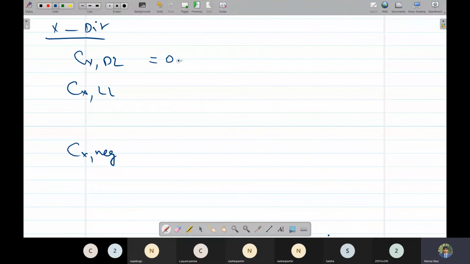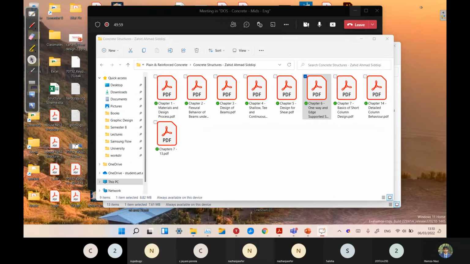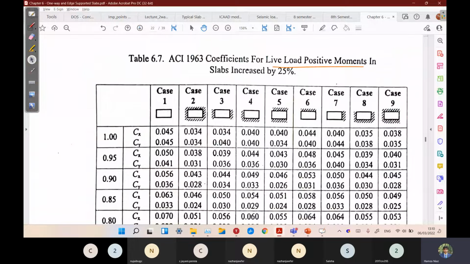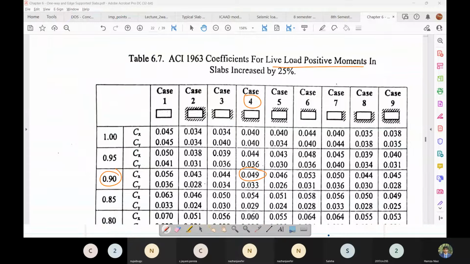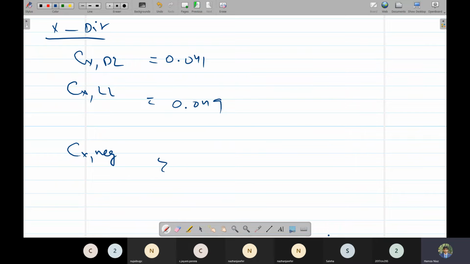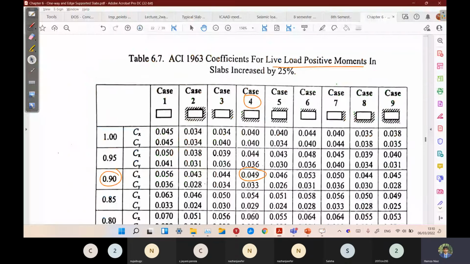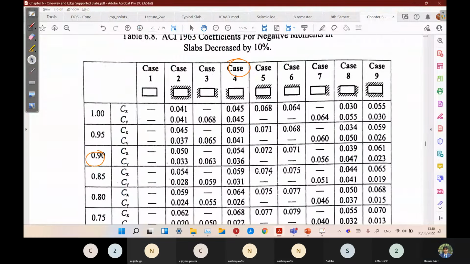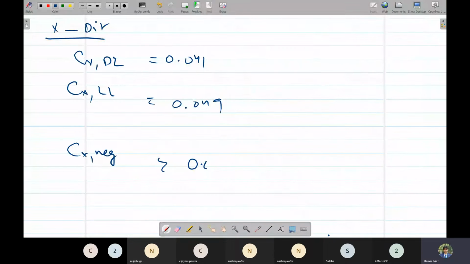Similarly, Cx live load would be in the second table, the live load coefficients, and for 0.9 and case 4 we get 0.049. And for the negative moments, case 4 and 0.9, we get 0.054. This is Cx dead load, live load, and negative.